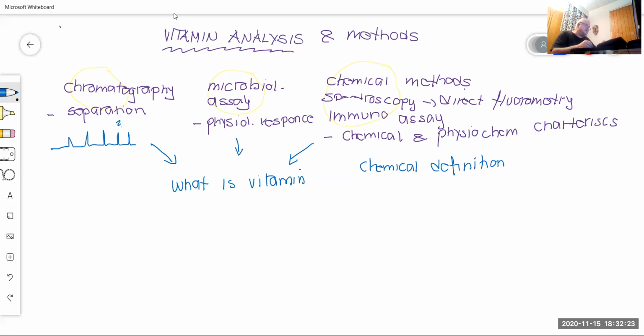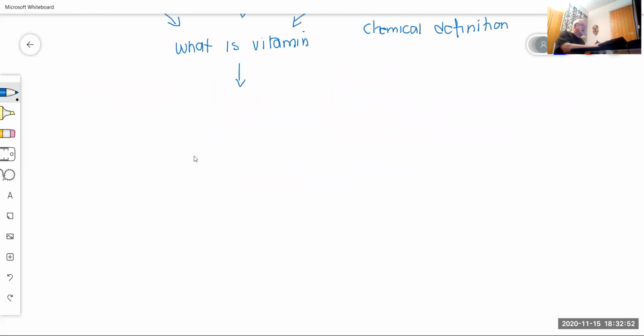And now you have to ask, physiological response for whom? Let's continue this one. Is this compound or group of compounds chemical substances? Do they have biological response? And if they have, then you need to ask, what is the target animal or organism?